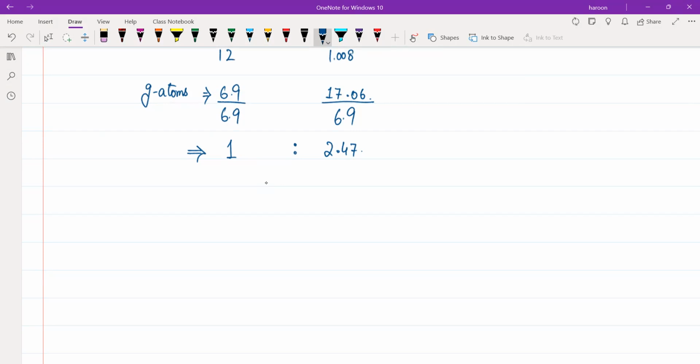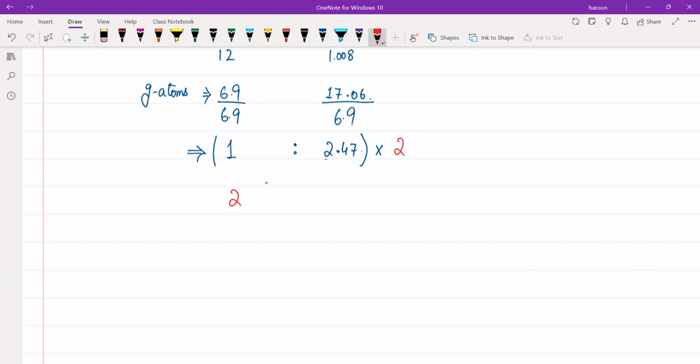We need a suitable number because it's not a whole number. So we will multiply this number to make it a whole number. That's the rule in the empirical formula: when we divide by the smallest number of gram atoms, if the ratio we get is not a whole number, then we multiply it with a suitable number. So we'll multiply it by 2.